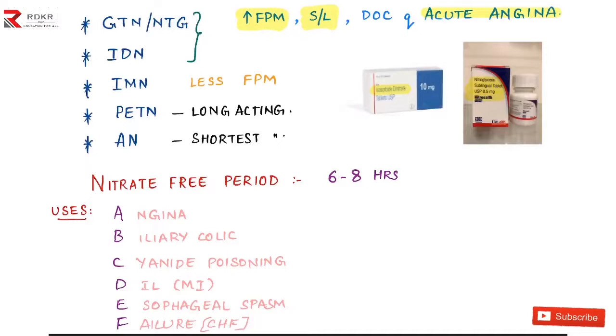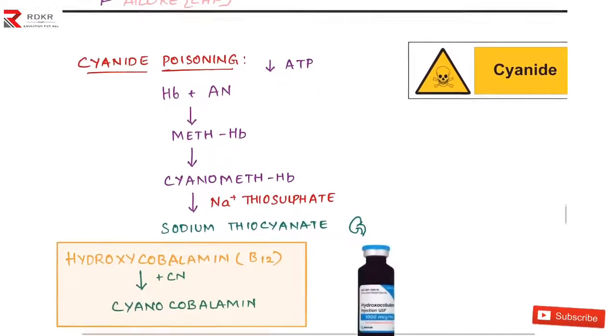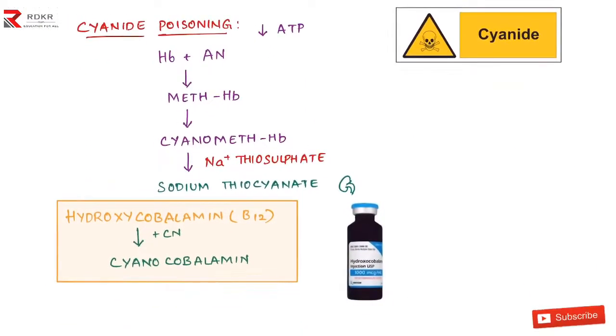Let us learn a few points about the cyanide poisoning. So cyanide poisoning, you all know there is an enzyme, the cytochrome oxidase, in the mitochondria, and there in the electron transport chain, the cytochrome oxidase helps to increase the ATP and helps to generate the energy of the body.